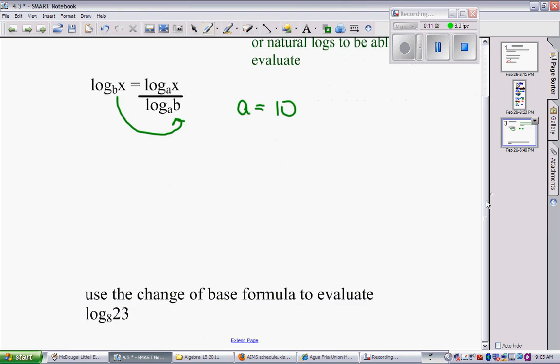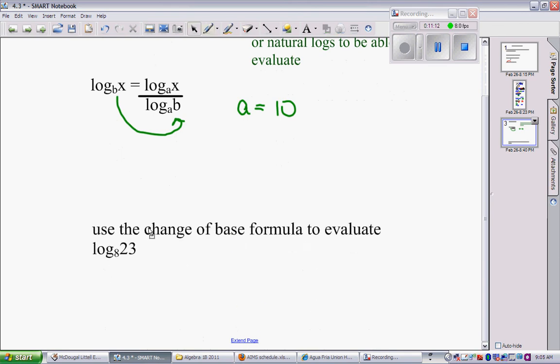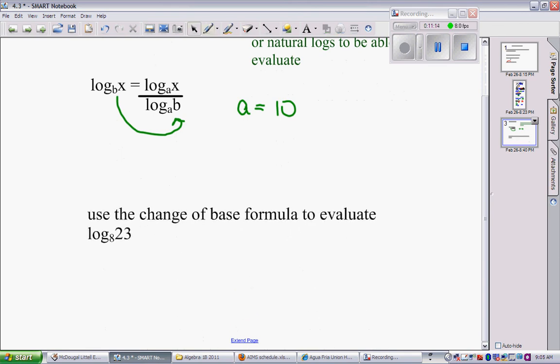So our first example is we are going to use the change of base formula to evaluate log base 8 of 23. So let's identify b and x. B is 8, x is 23.